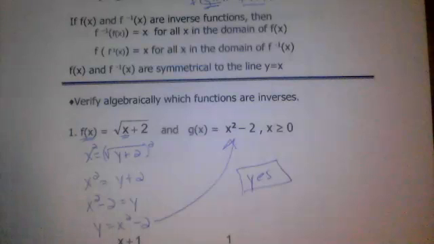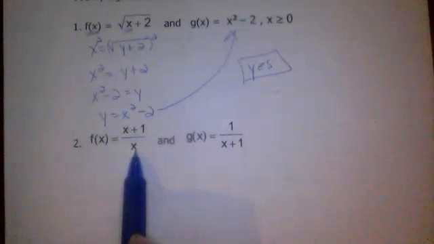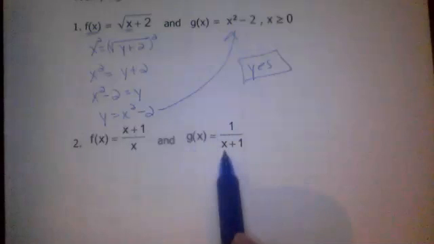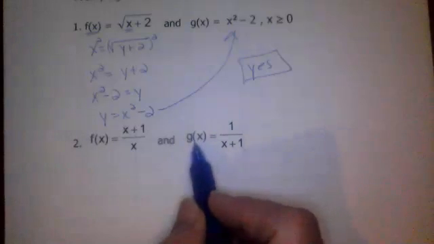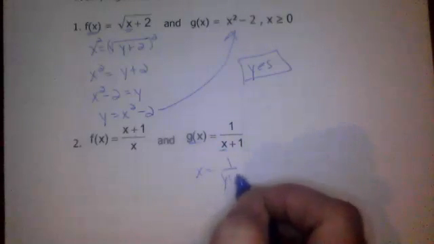So on this next one, since this equation has 2 x's that would become 2 y's, you may want to choose this one to solve. So I think I'm going to use this one and see if I get this. I'm going to switch this out for x and y. So x equals 1 over y plus 1.